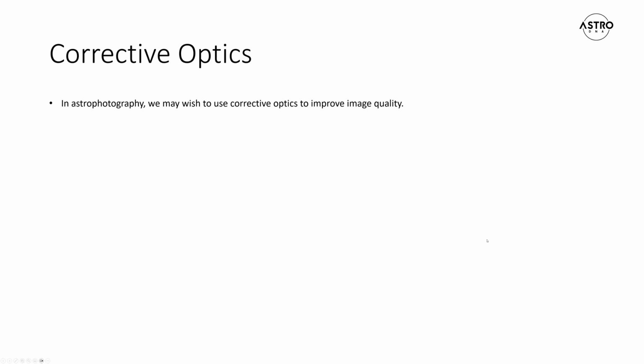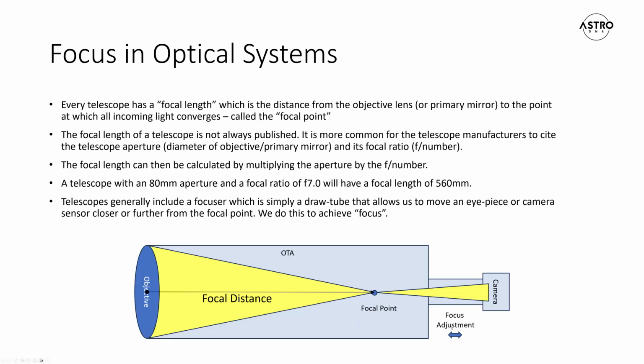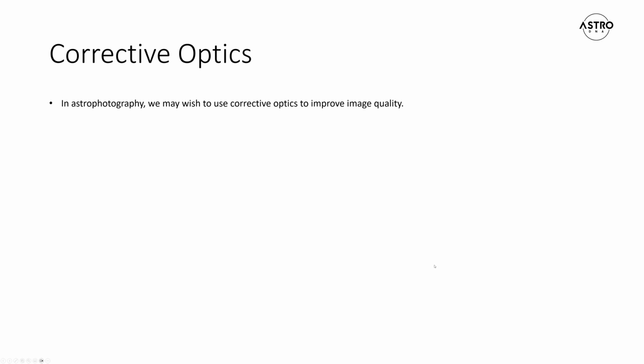Now, in astrophotography, we may wish to employ corrective optics past the focuser but before our sensor. And we do this to improve image quality. The image that's coming through and landing on this camera is not perfect, and so corrective optics can help us improve that.